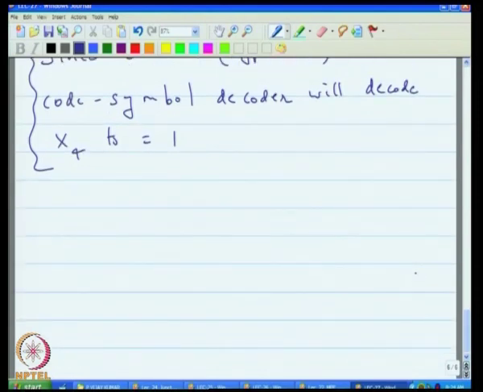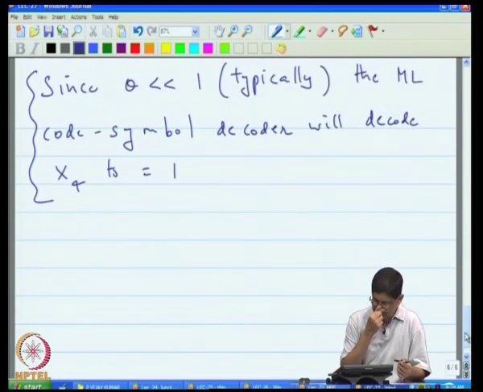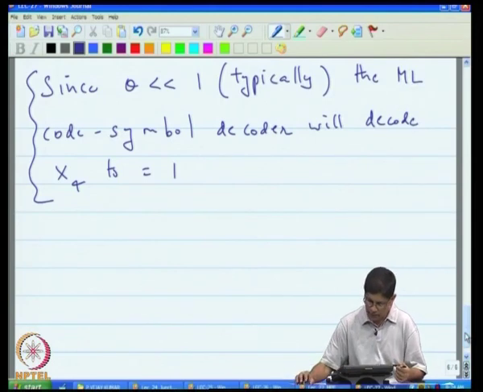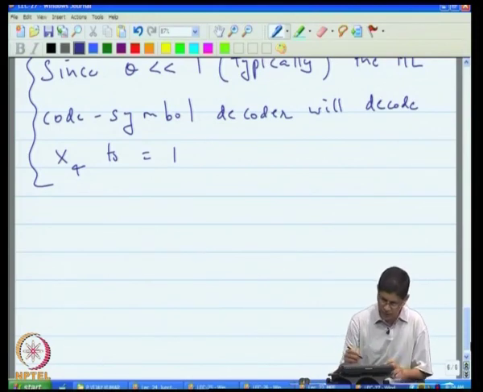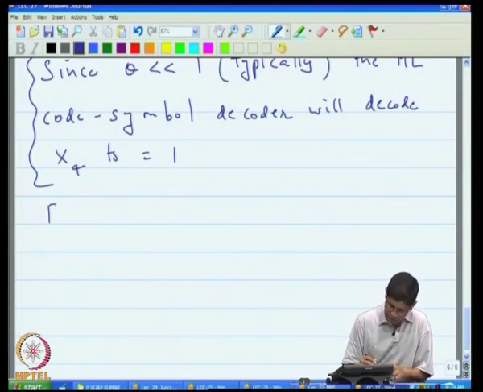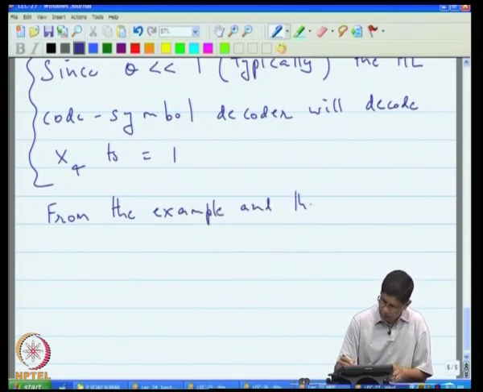Okay, now the next question is, well, okay, so now we have justified how maximum likelihood code symbol decoding is achieved. So I will just make a very short note about this from the example and the junction tree property.